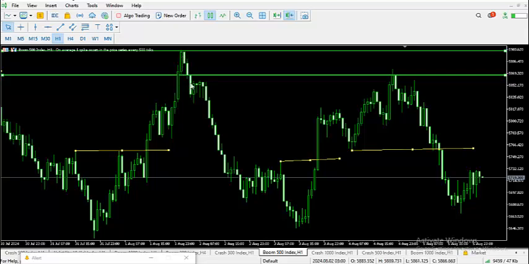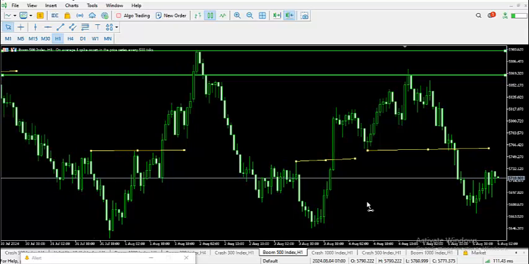You can see that price came into this order block, and you can see it is selling from here. You can see Boom 500 selling from here. If you had taken this trade from here, this would have been a sniper entry, because at the touch of this very order block, price started selling. So that is number one.